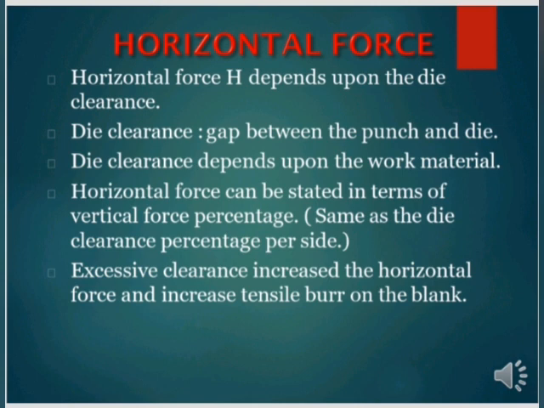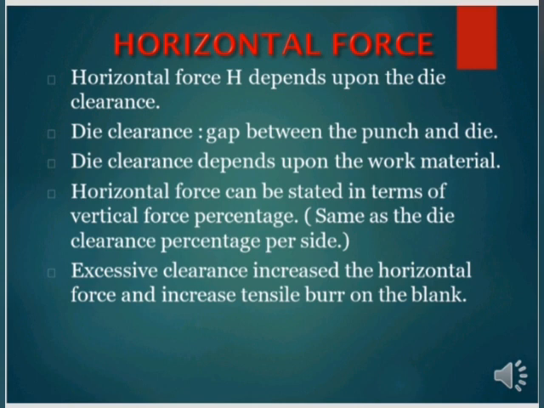Horizontal force. As we know, horizontal force H depends upon the die clearance. Die clearance is the gap between the punch and die. Die clearance depends upon the work material.